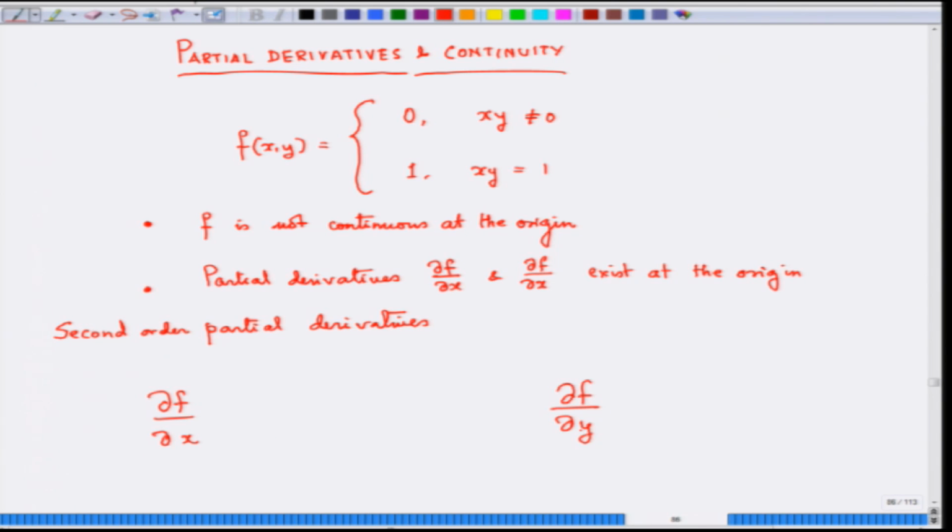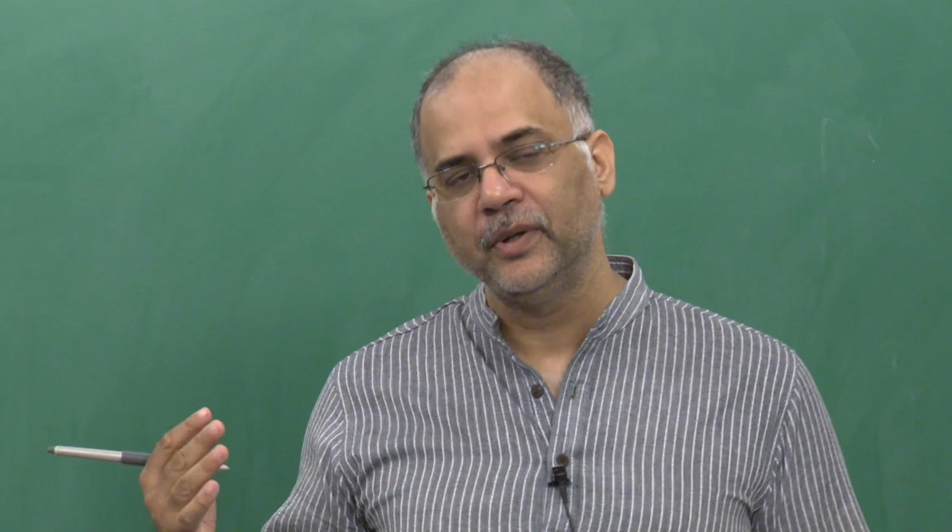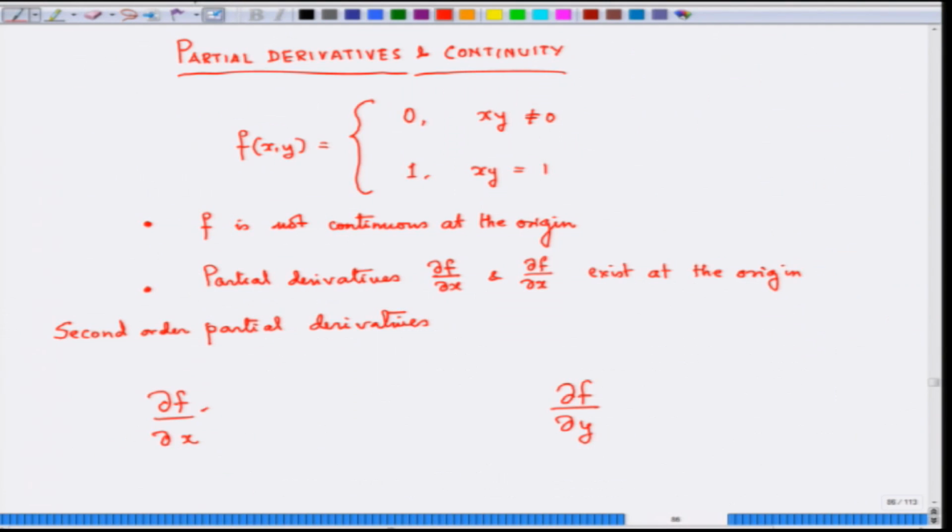Now, because del f del x is a function of x y, you can take its partial derivative, if possible, with respect to x and then with respect to y. So, if you take its partial derivative with respect to x of del f del x, then you write it as del x of del f del x, and this is symbolically written as del 2 f del x 2. Similarly, you take the partial derivative with respect to y.